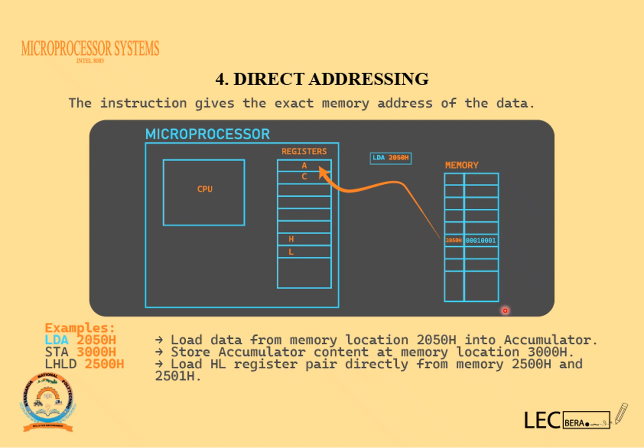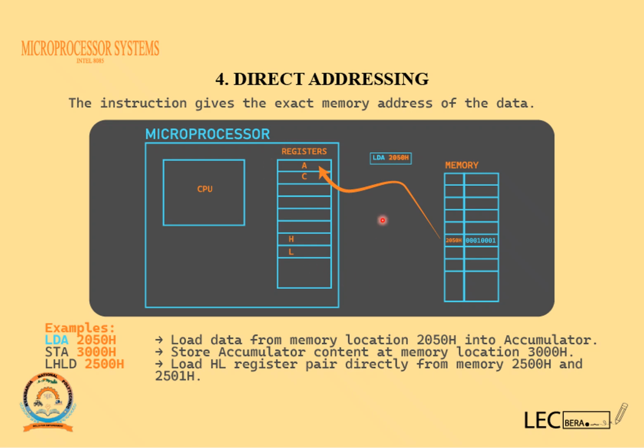This is our memory, and these are locations. One of the locations has the address 2050H. By executing this instruction, we go inside this memory location and we find this data. This is the data which is going to be loaded to the accumulator.